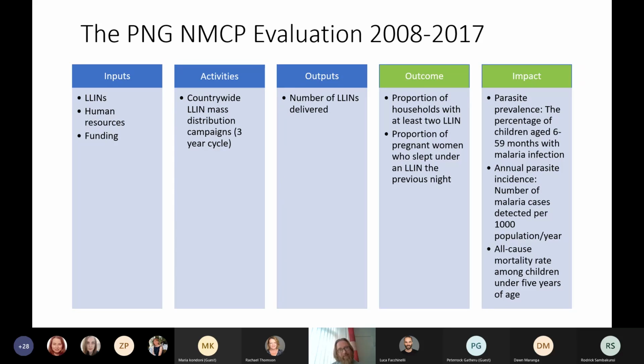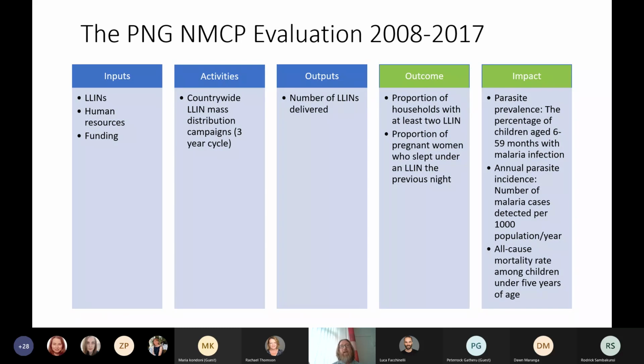And I'm presenting this because I led this evaluation, so I'm quite familiar with it. This is not a full description of the logic model we used for this evaluation. It's a partial description, and it focuses primarily on the distribution of long-lasting insecticide-treated bed nets, which I'm sure many, if not all of you, are familiar with.